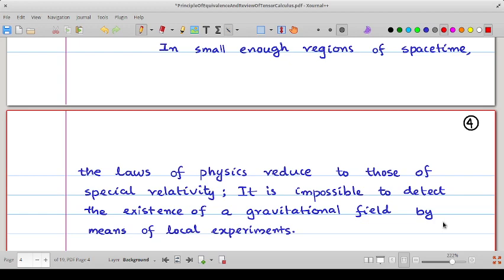But if we restrict ourselves to an infinitesimally small region of space-time, we can construct inertial coordinates that will be valid only in that particular region.